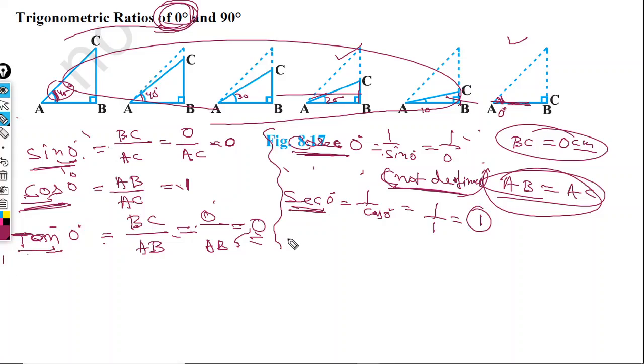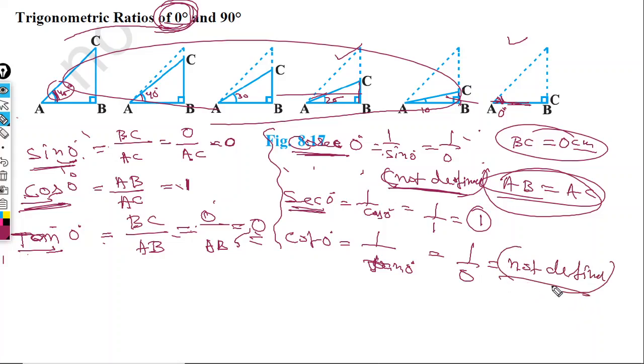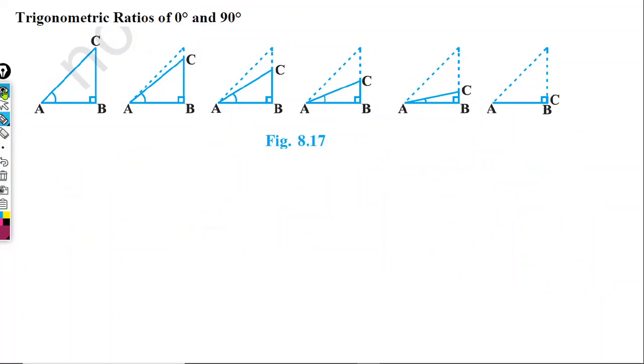From tan we can find cot 0 degree, equal to 1 by tan 0 degree, which is equal to 1 by 0, which is not defined. Okay, so these are the different trigonometric values with respect to angle 0 degree. Now please remember it. Now we'll move to the last angle, that is 90 degree.